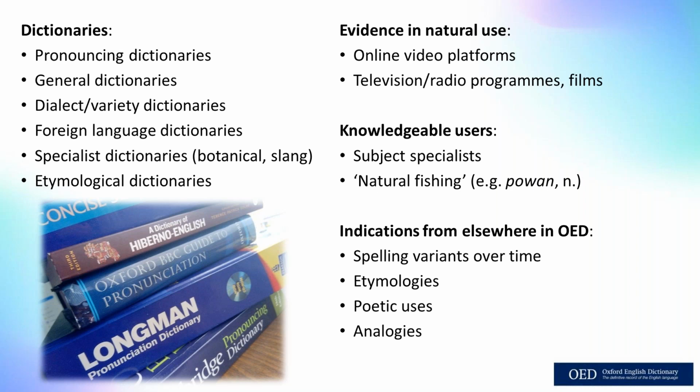So pronouncing dictionaries, general dictionaries, both modern and historical, dialect and variety specific dictionaries, even foreign language dictionaries if it's a recent loan, so we can consider the likely anglicisation. Specialist dictionaries, and the etymologies, of course, can give us a useful starting point.